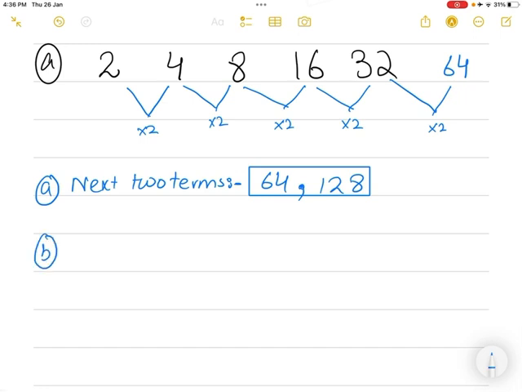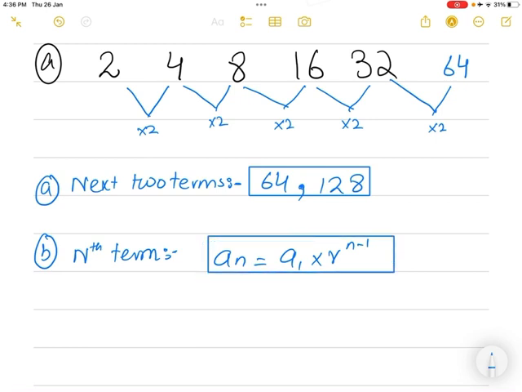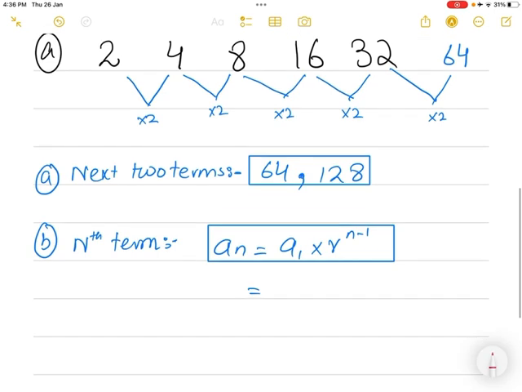Part B can be: find the nth term formula. And for that you have to memorize that an equals a1 times r power n minus 1. That's the formula. Now, a1 is the first term, and the first term in this sequence is 2, times r, the common ratio.